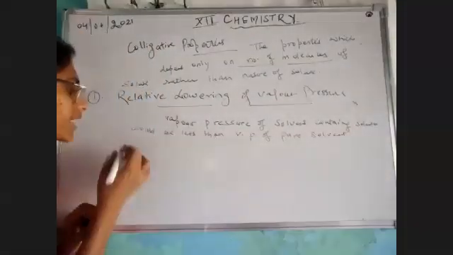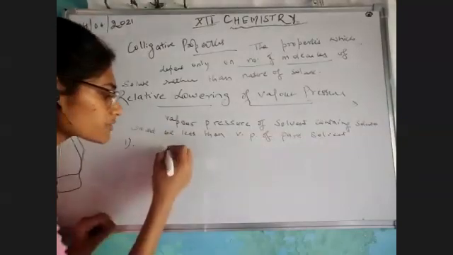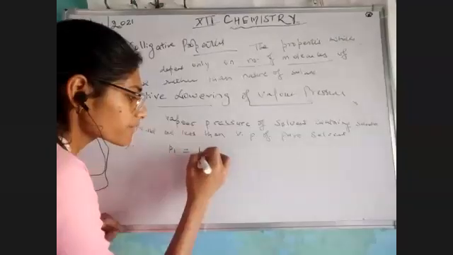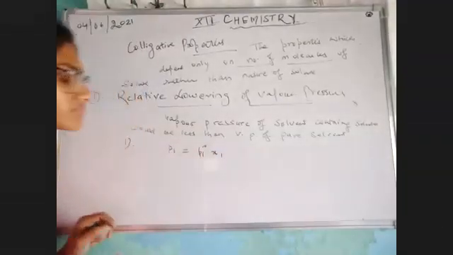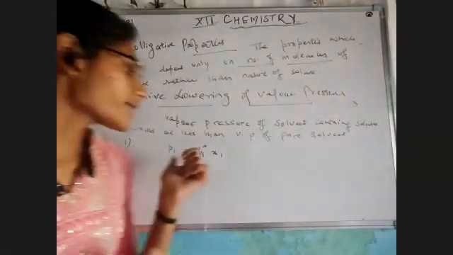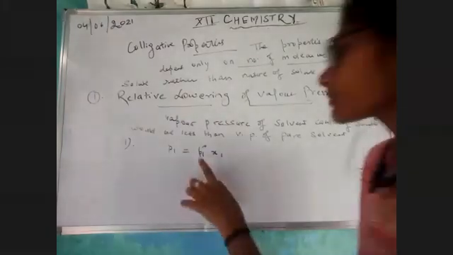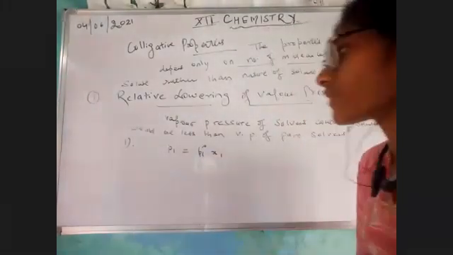So let's start. First of all, according to Raoult's law, we have heard that P1 equals P1 naught X1. That is the partial vapor pressure of one component, which equals the vapor pressure of that pure component times the mole fraction.